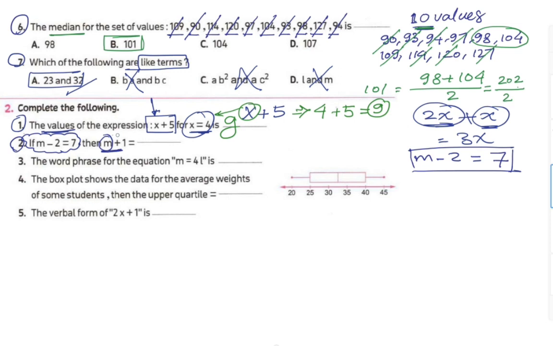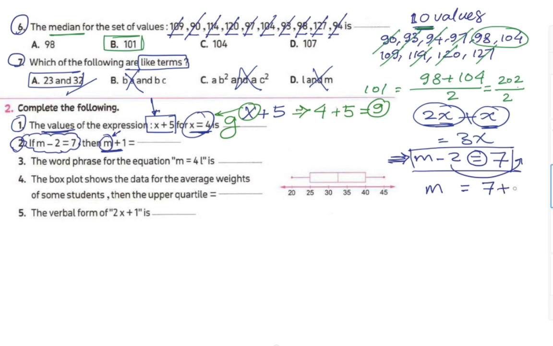How to find the value of m? I need to solve this equation first. I have m minus 2, and I need to get rid of this minus 2 by sending it to the other side. We have the equal sign here and I need m alone on the left side. So I will send this minus 2, as positive 2, to the other side. I have m on the left side and 7 on the right side.